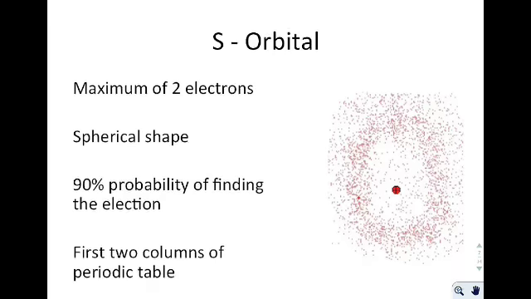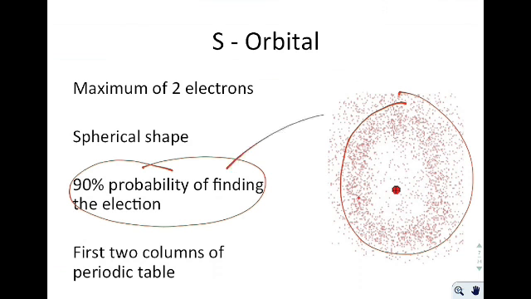The first suborbital that we have is called an s orbital. The s suborbital has a maximum of 2 electrons, and it has a spherical shape. With all orbitals, when we look at the quantum model of the atom, we don't say that the electron is in the sphere. What we say is that there is a 90% probability of finding the electron in this particular sphere.